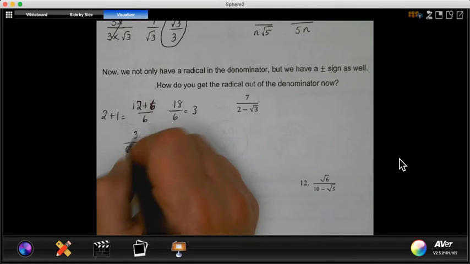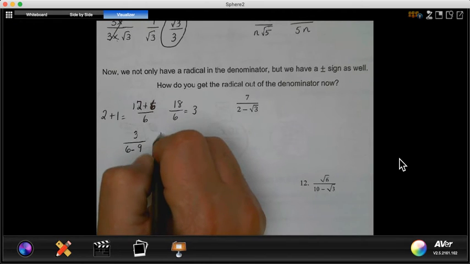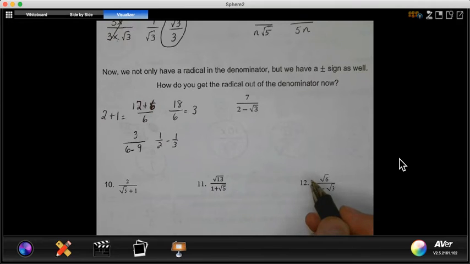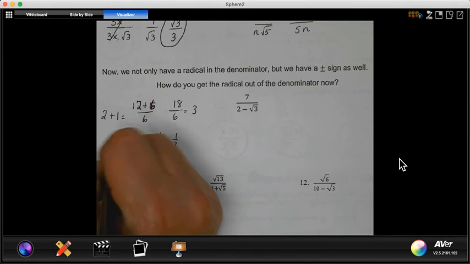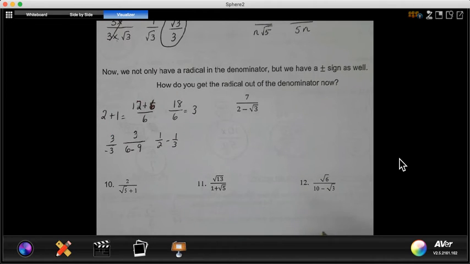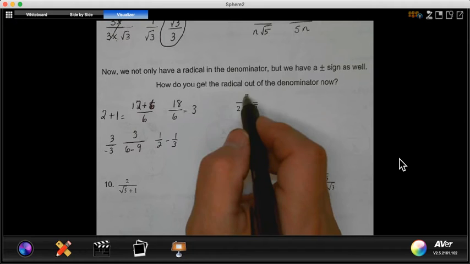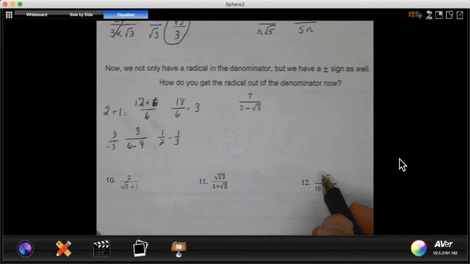The math doesn't add up, because I would have 1/2 minus 1/3, and if I did it the other way, I just get 3 over negative 3. I don't get the same answer. So you can't just split your square root, so you can't just go 7 over 2 and 7 over root 3.